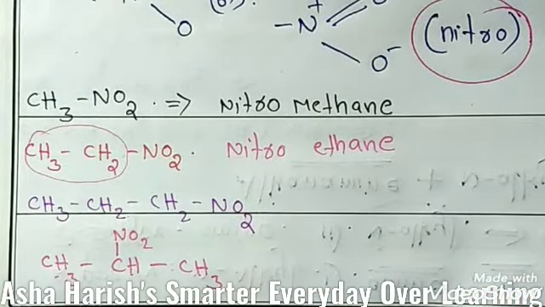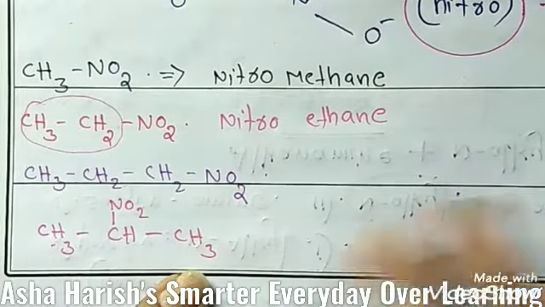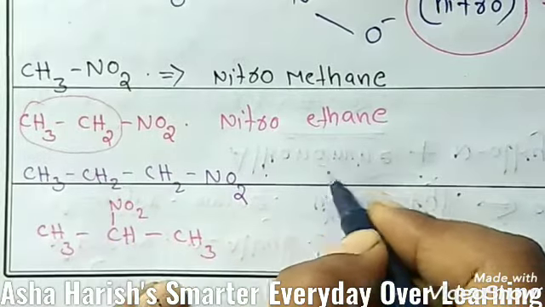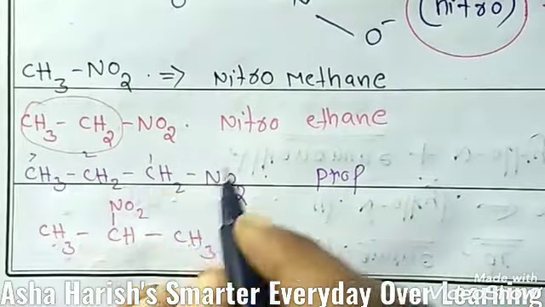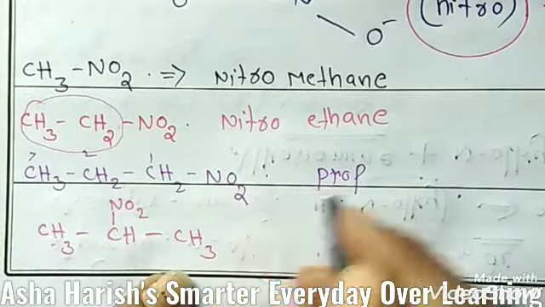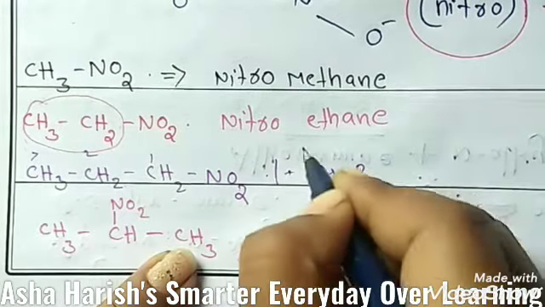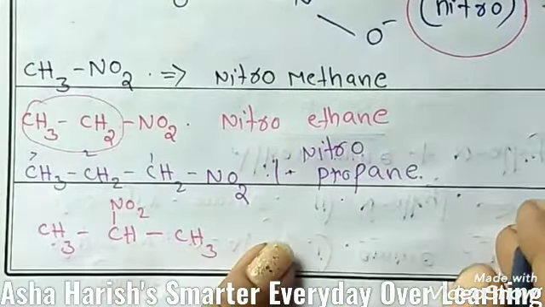And students, next one is CH3CH2CH2NO2. Here 3 carbon atoms, then the root word is prop. 1, 2, 3. At the first carbon only the nitro group is located, then 1-nitropropane is the IUPAC name. Why?